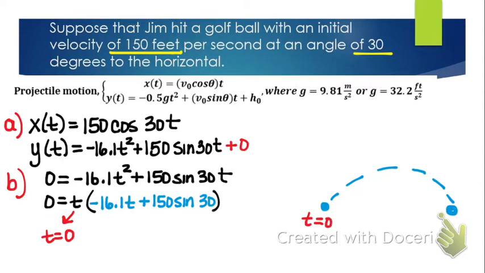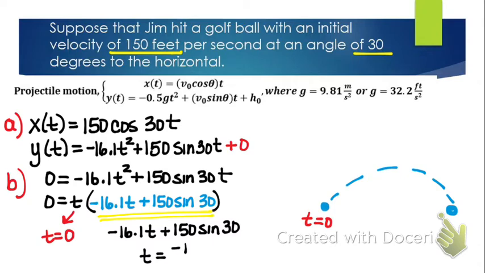And to figure out how long it takes for it to return to the ground, we take this factor. We're going to set that equal to 0 and solve it. So the first thing I'm going to do is subtract 150 sine 30, and then I'm going to divide by negative 16.1.